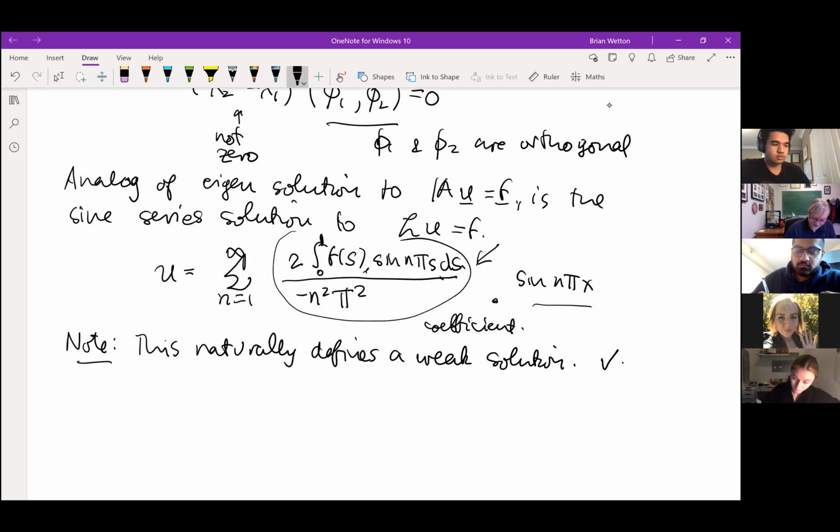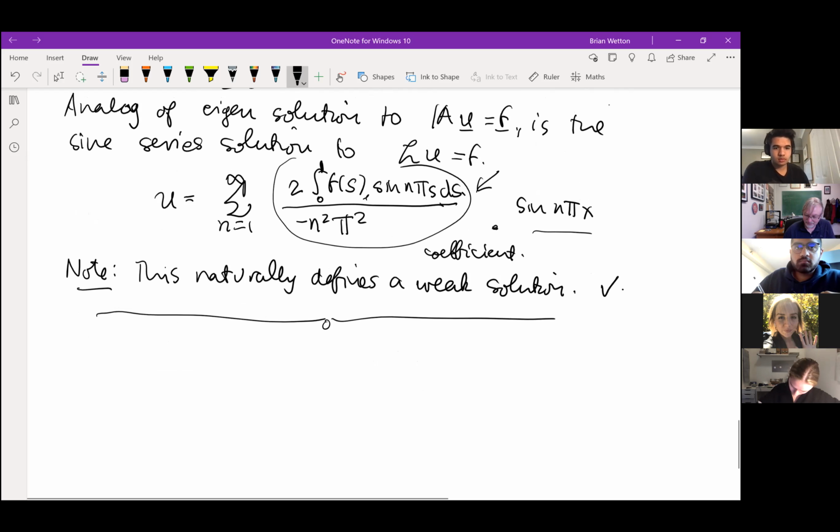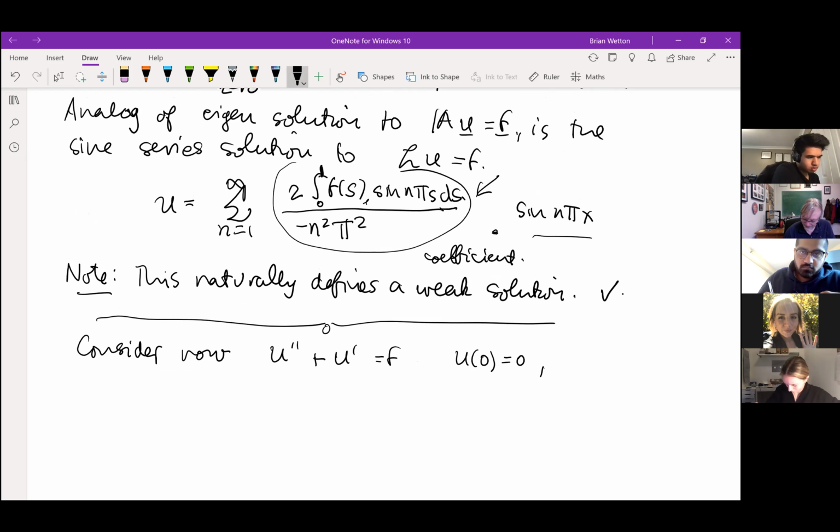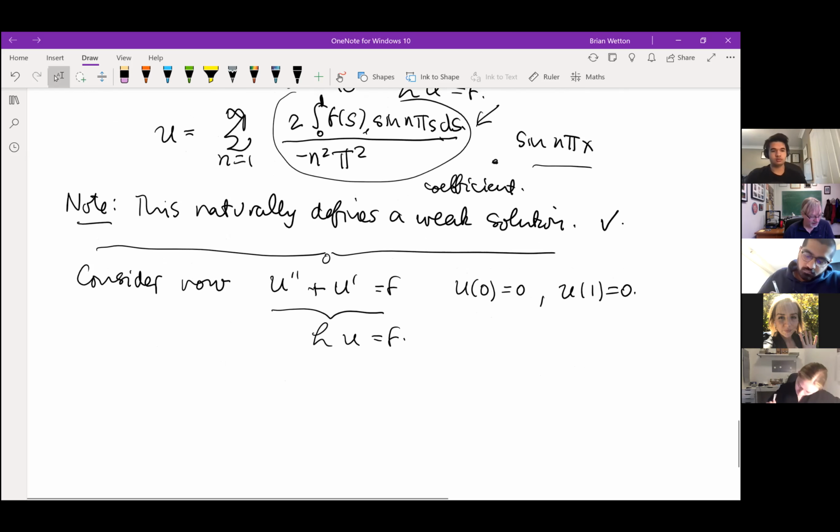Okay, so let's look at this idea now of making things symmetric that aren't symmetric. So let's consider now u double prime plus u prime is equal to f. Same boundary conditions. I'm going to call this L times U is equal to F again, different L now.